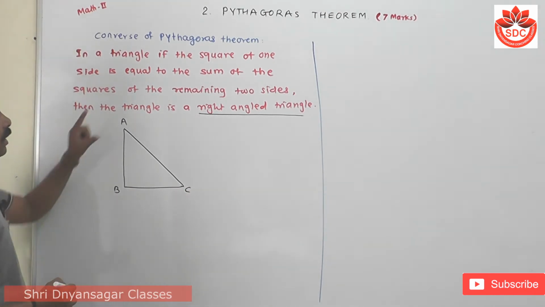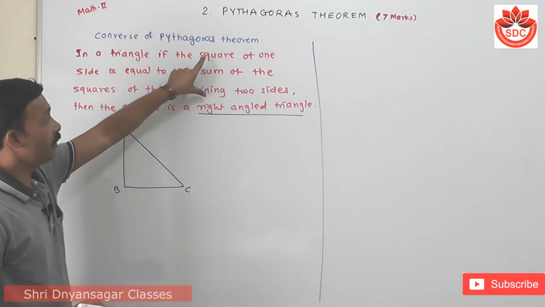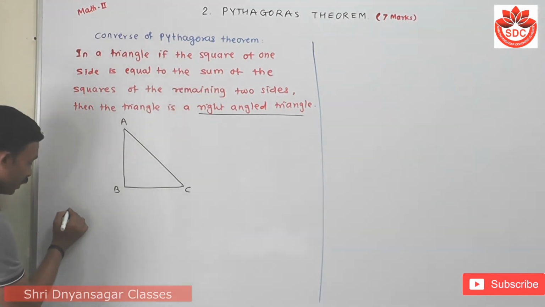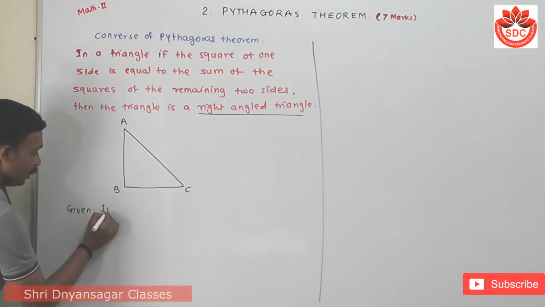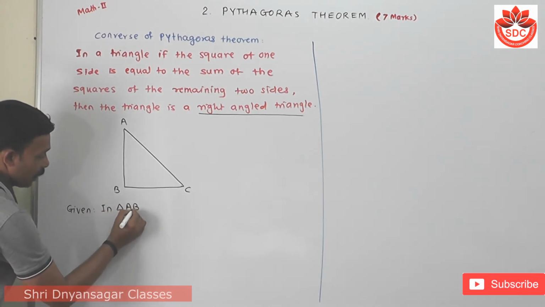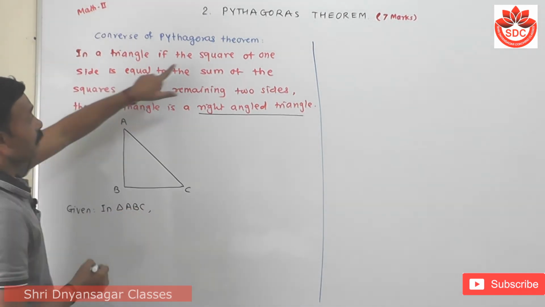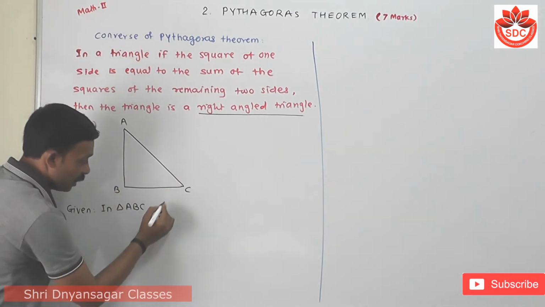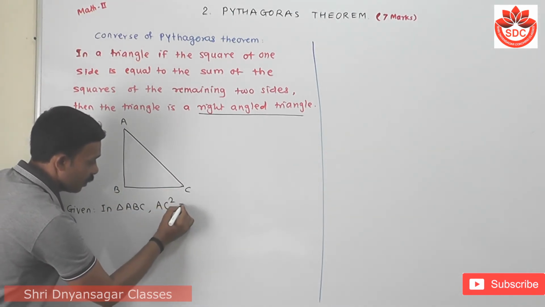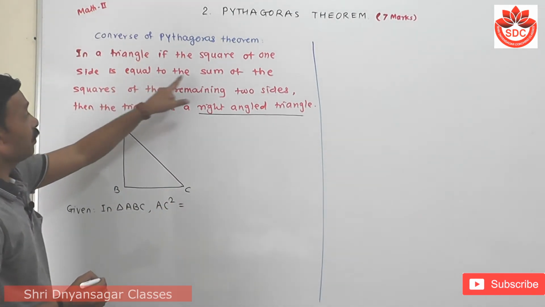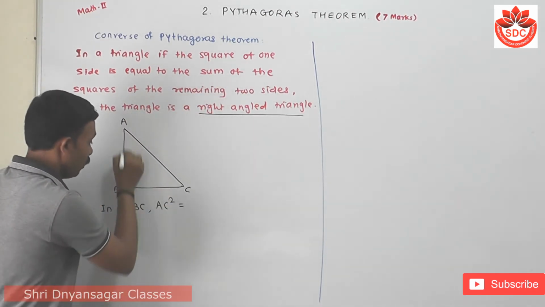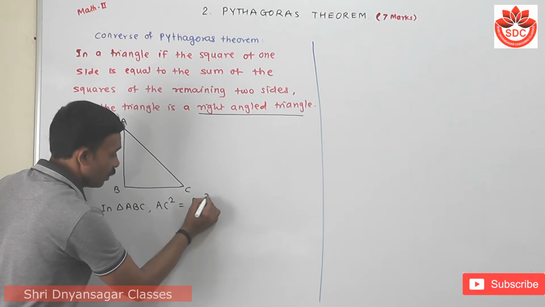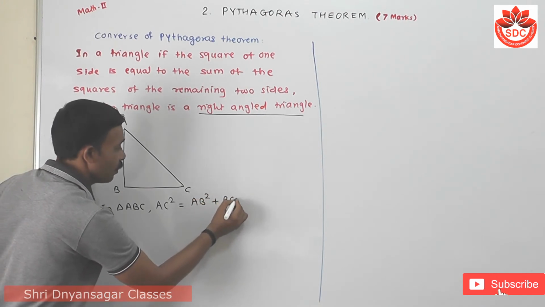So this is the first statement, which I write under Given. In triangle ABC, the square of one side, AC square, is equal to the sum of the squares of the remaining two sides, that is AB square plus BC square.